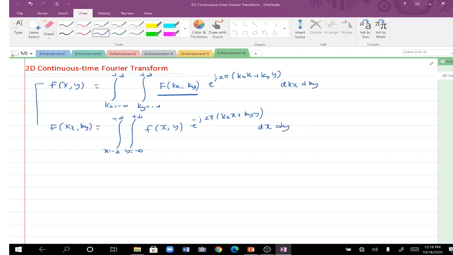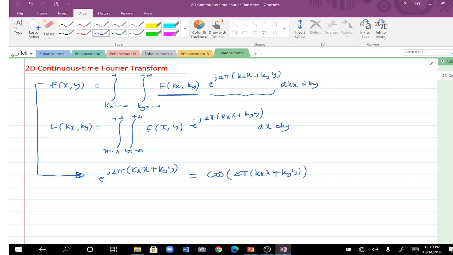Let's take a look at this synthesis equation. You notice that e power j times 2 pi times (kx into x plus ky into y), if you expand that, you are in fact writing it as cosine of 2 pi times (kx times x plus ky times y) plus j times the same function, sine of 2 pi times (kx times x plus ky times y).